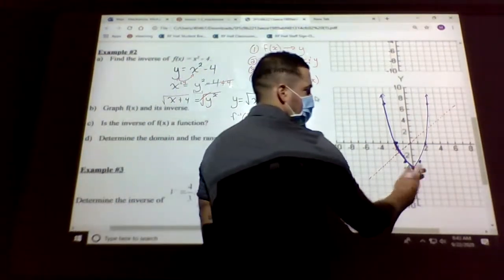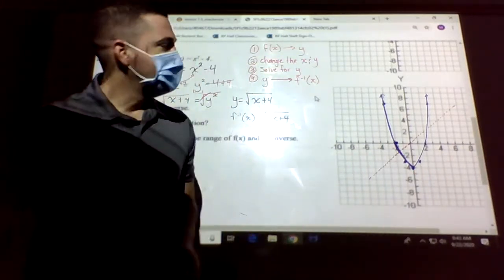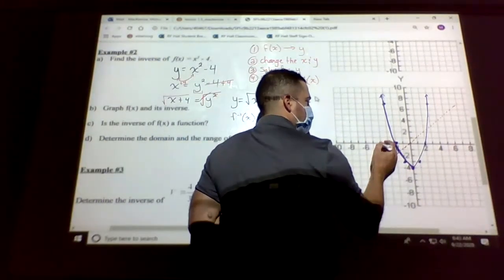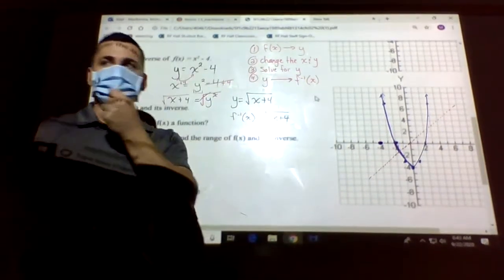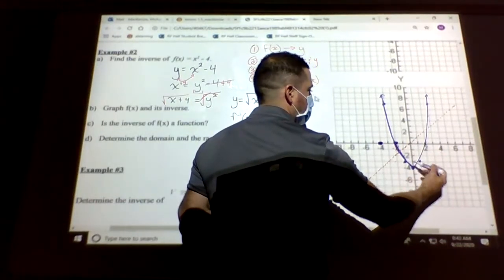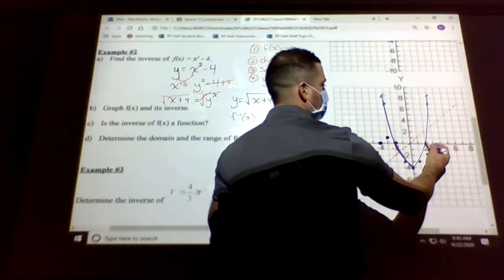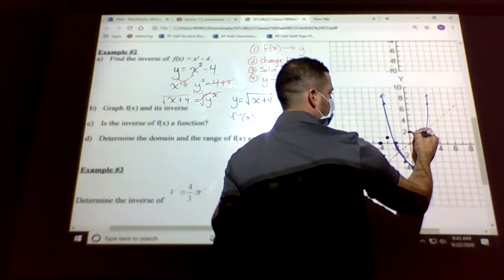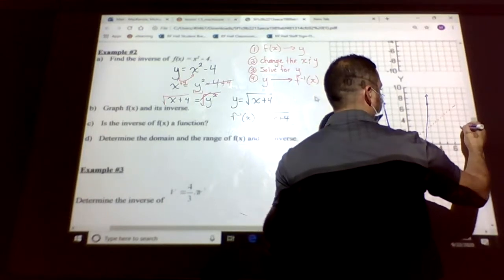So if this is 0, -4, then the reverse would be -4 and 0. So we're just going to swap the points. Then we have 1, -3 becomes -3, 1. 2 and 0 becomes 0, 2. And then 3 and 7 becomes 7 and 3.